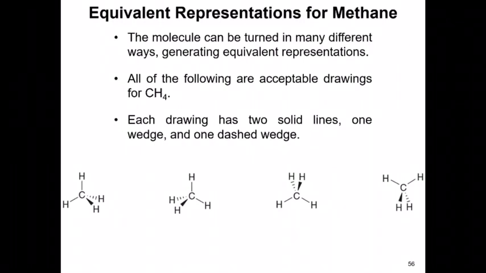For any tetrahedral molecule, 2 bonds are always in the plane, 1 behind the plane, and 1 at the front of the plane. So when you look at these equal representations of methane, you can see that there's always 2 bonds that are in the plane, 1 bond that is a wedge, and the other one a dash wedge.